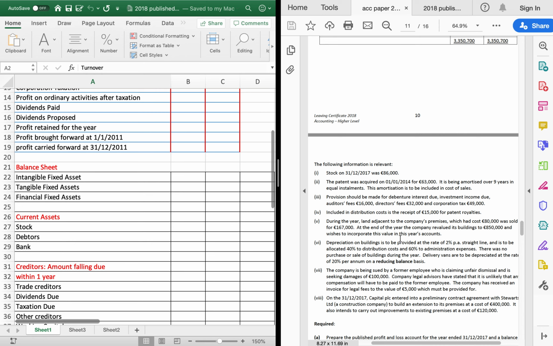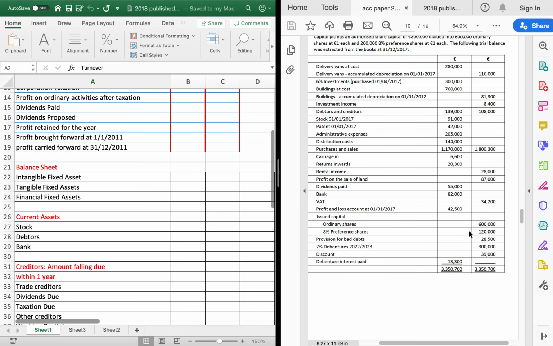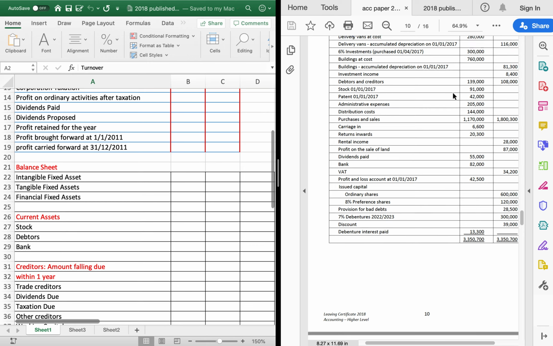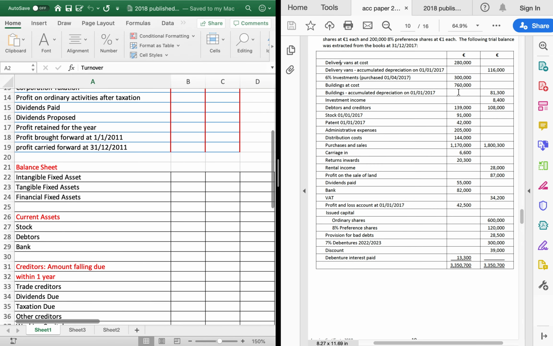At the end of the year, the company revalues its buildings to 850,000. That 850,000, I would suggest changing that number from 760 to 850 in the question, and keeping things simple from there.